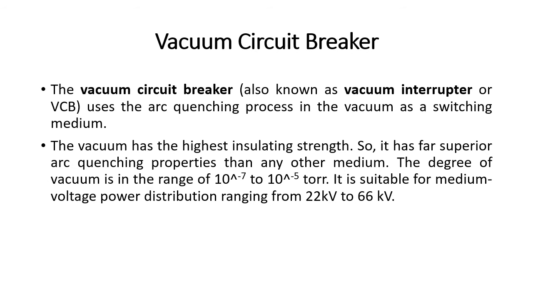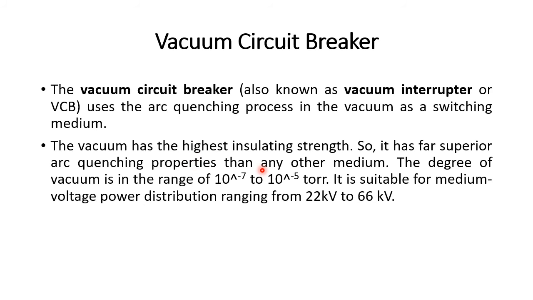Vacuum circuit breaker. It is also known as vacuum interrupter. It uses the arc quenching process in the vacuum as a switching medium. So the vacuum has the highest insulating strength, so it has far superior arc quenching properties than other medium.